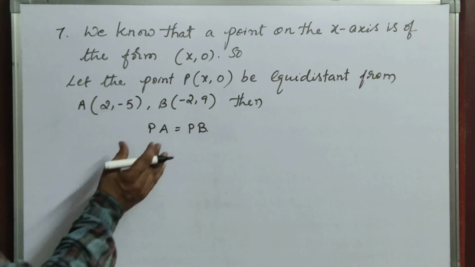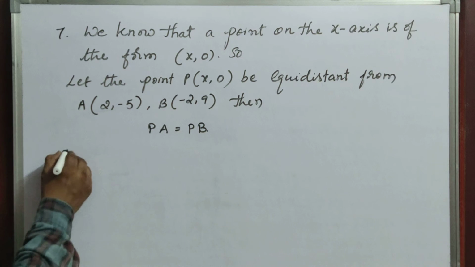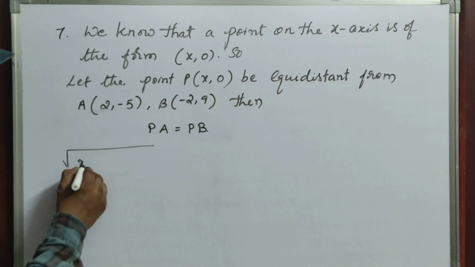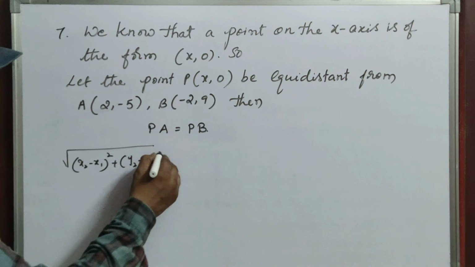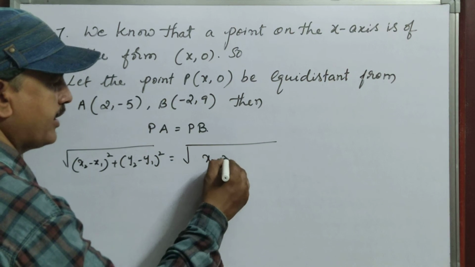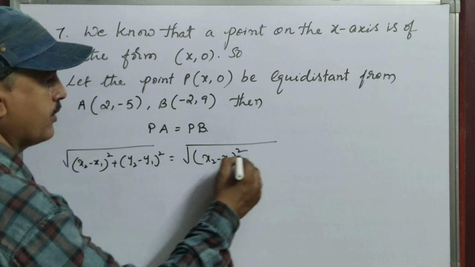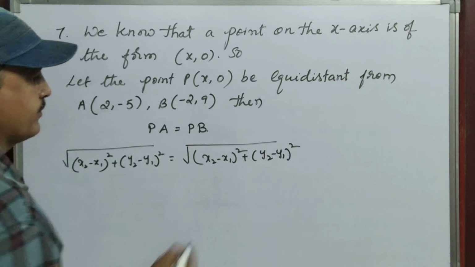That means the distance of PA equals the distance of PB. Root over (x2 minus x1) whole square plus (y2 minus y1) whole square equals root over (x2 minus x1) whole square plus (y2 minus y1) whole square.